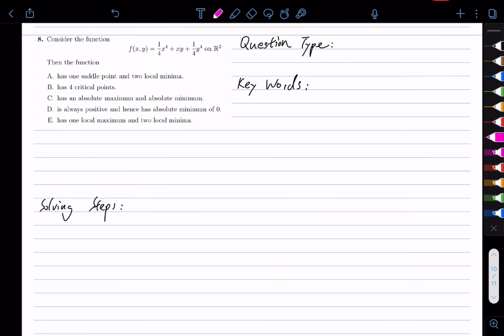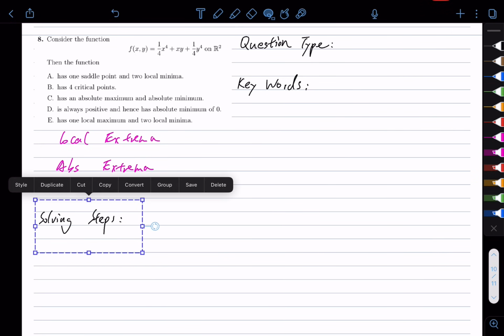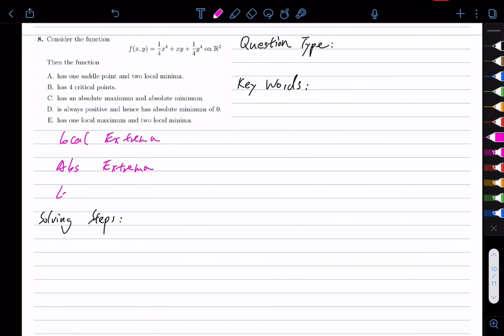All right, so first of all is local extrema. And we also have absolute extrema. And then finally, we also have a Lagrange multiplier problem.